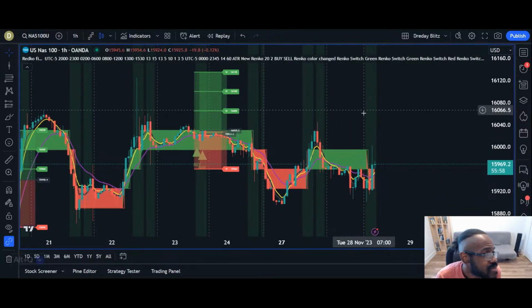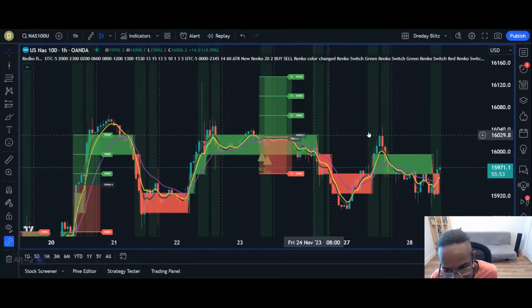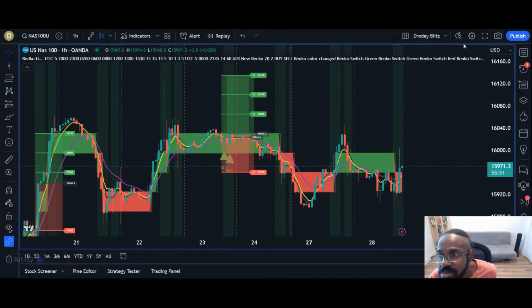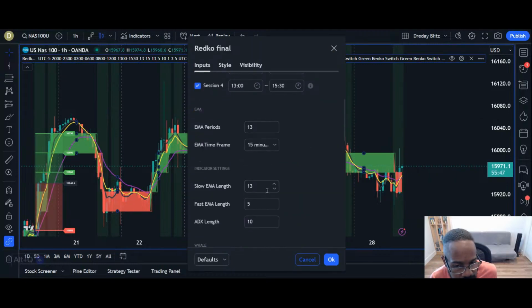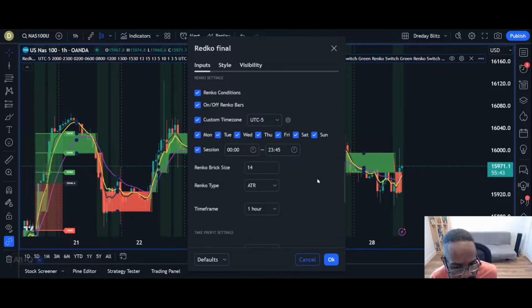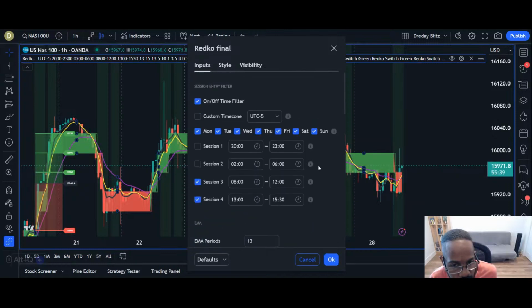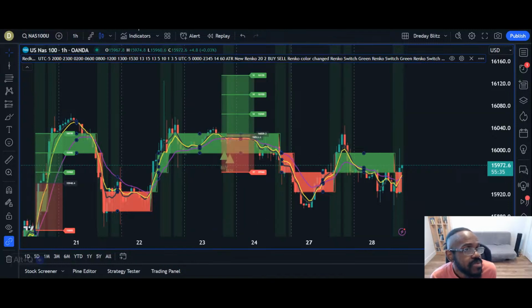No, that's not what I have. I'm double checking my settings just to make sure that I did it the right way, because sometimes I do it fast. You're talking about that's for the 1 hour time frame.